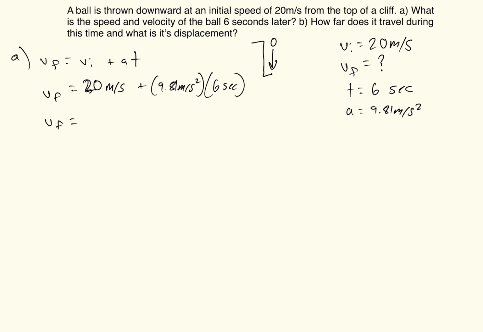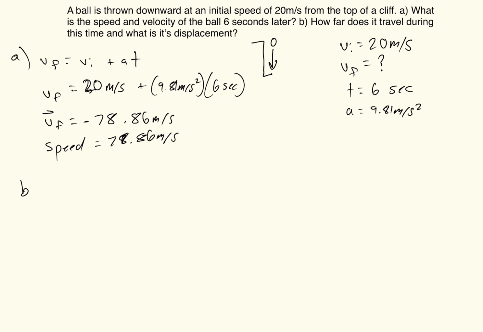Our final velocity is equal to negative 78.86 meters per second, and our speed is equal to 78.86 meters per second. So your speed is always going to be a positive number, and your velocity is going to be dependent on direction. So since it's going down, the velocity is negative.